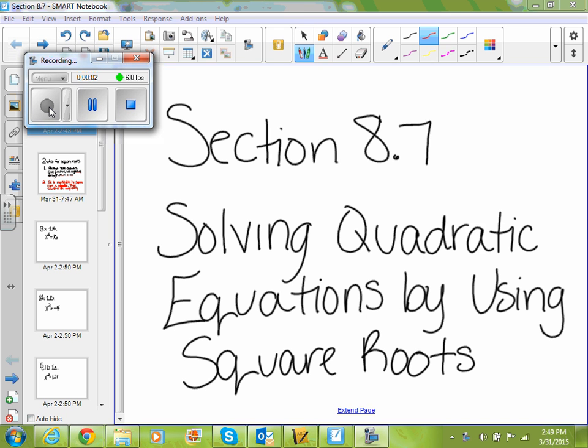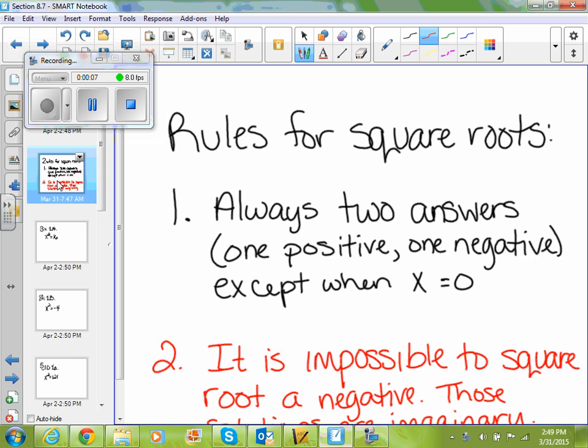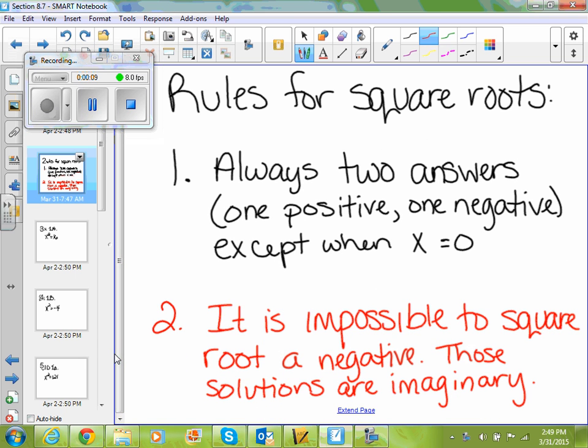Right, today we're going to look at section 8.7, which is solving quadratic equations by using square roots. There are two rules for square roots that we need to know, so you need to write these down.